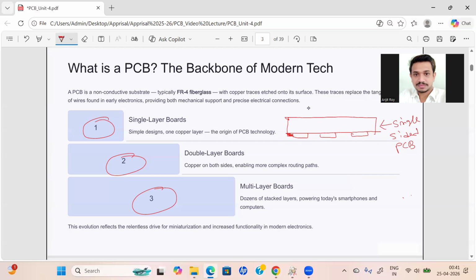Suppose I am taking one resistance, and it must be through the solder point, and lamination will be there here. So this is called single sided PCB.